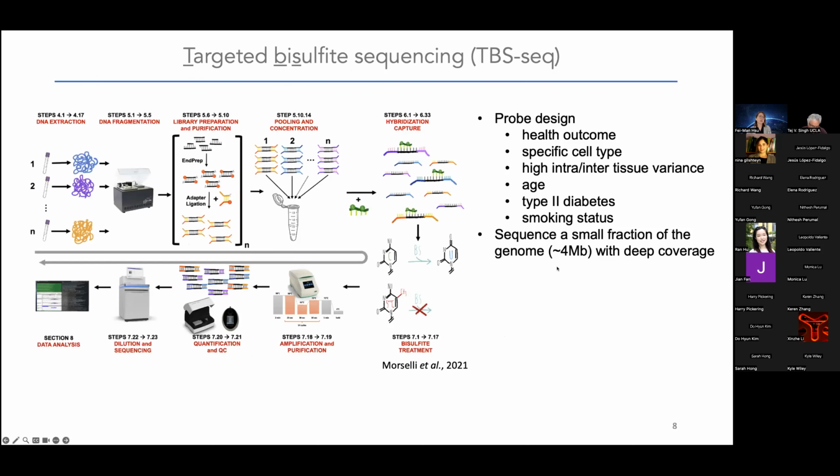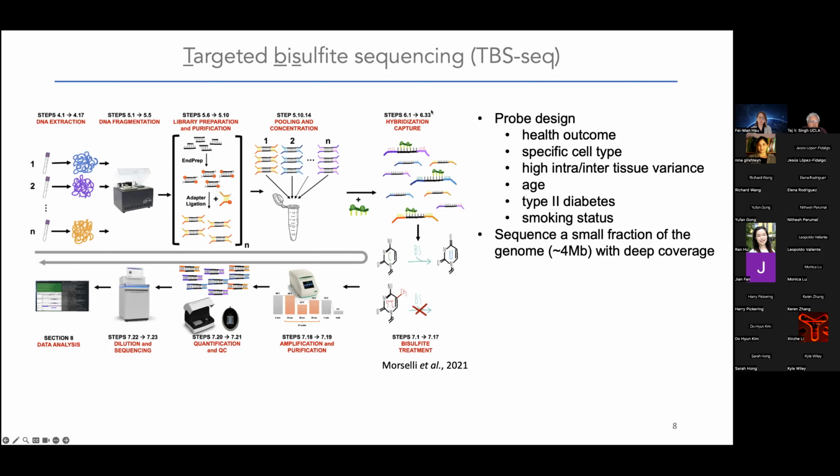Once we got this, we collect their PBMCs and perform targeted bisulfite sequencing on these hundreds of samples. From the name, you will know targeted means we are sequencing only those targeted regions. Just like regular bisulfite sequencing libraries, we get the DNA extracted, shear it, put on the Illumina sequencing adapters, and multiplex them together.